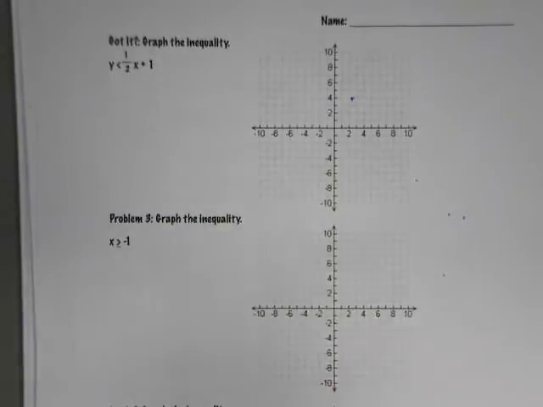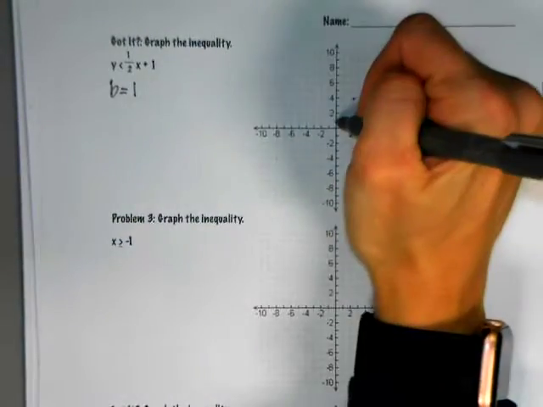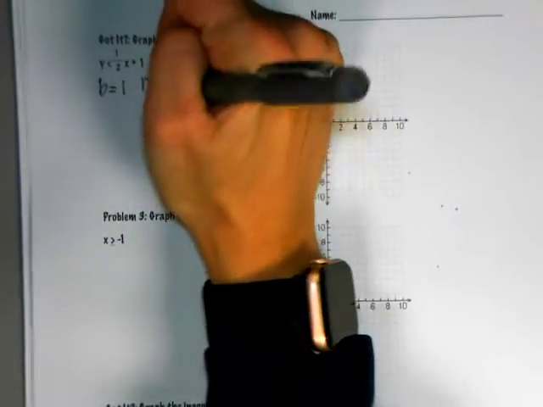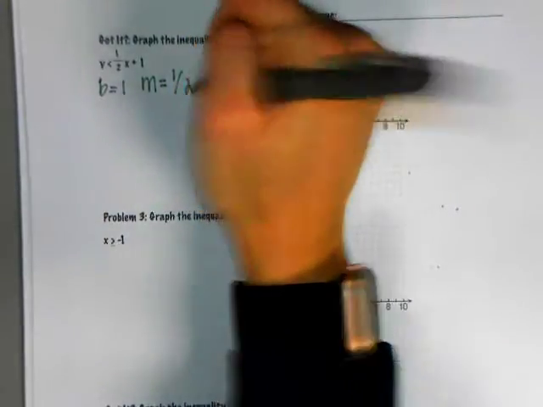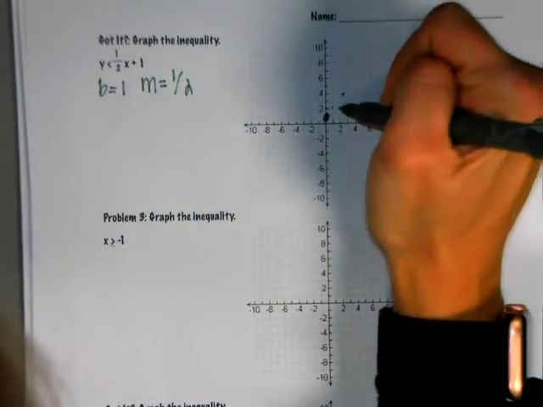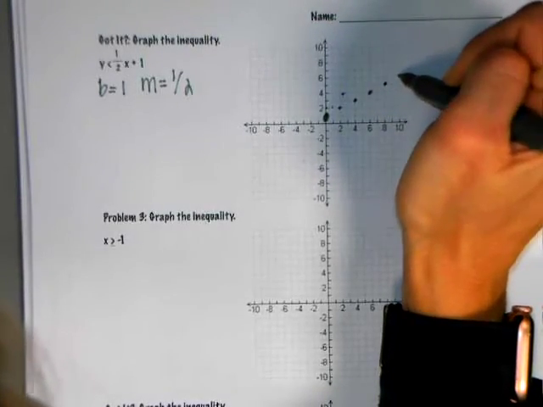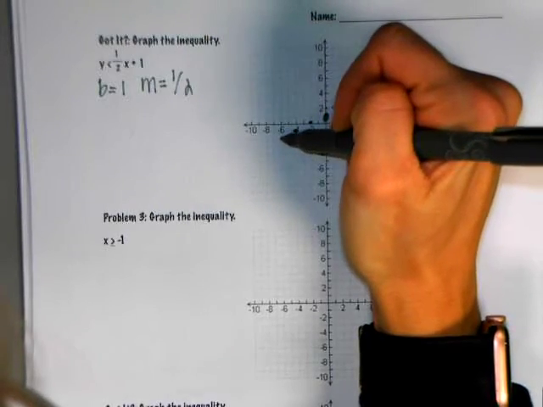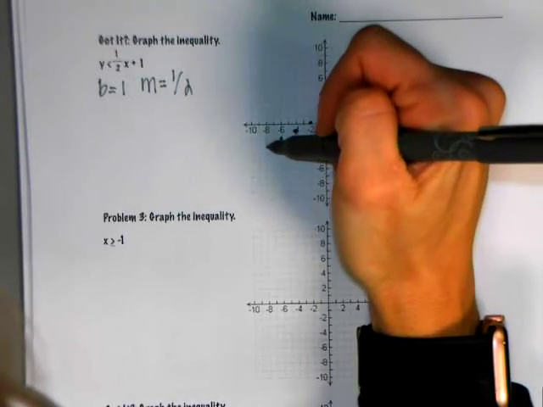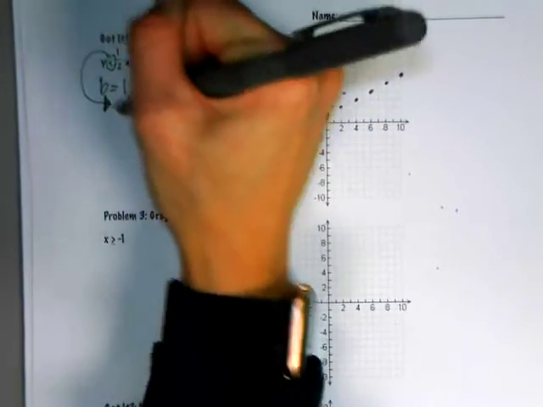Okay, so for this one, what's my y-intercept? 1. My slope? 1/2. So up 1/2. Okay, and then if we look at the symbol, is it going to be dashed or solid? Dashed.